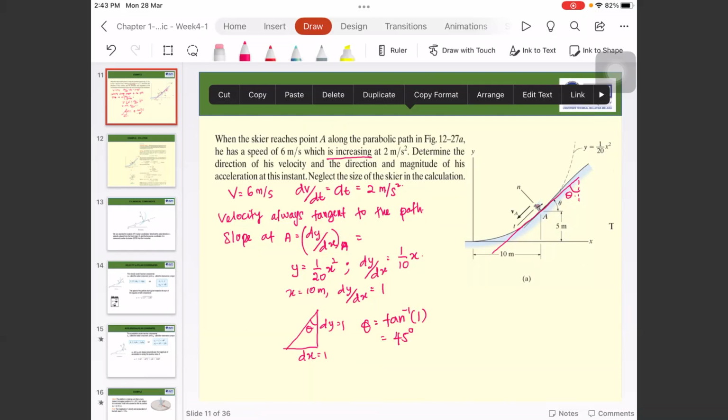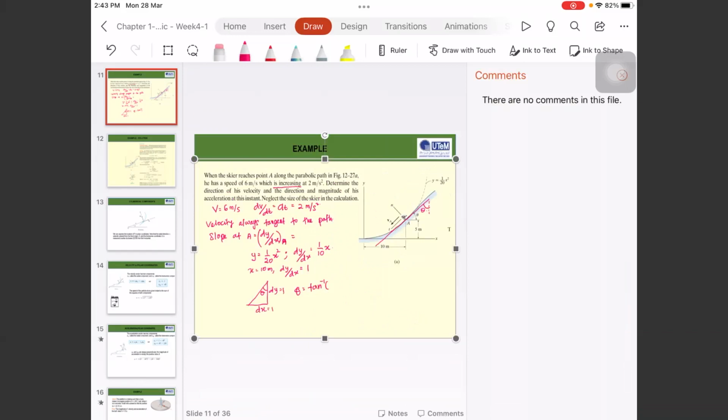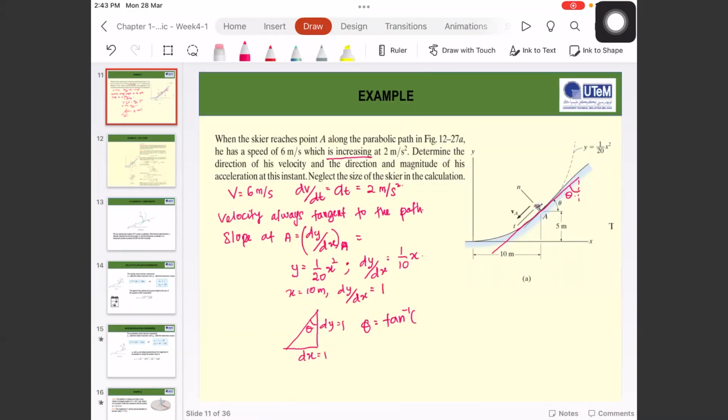Cara lain dia, you boleh buat tan inverse dy over dx.